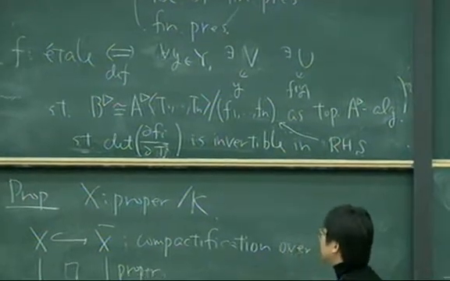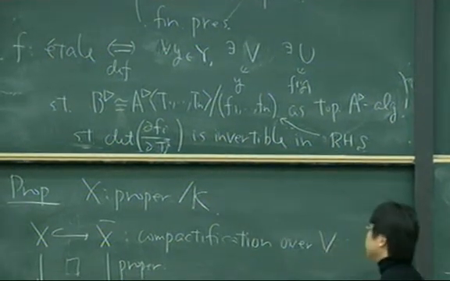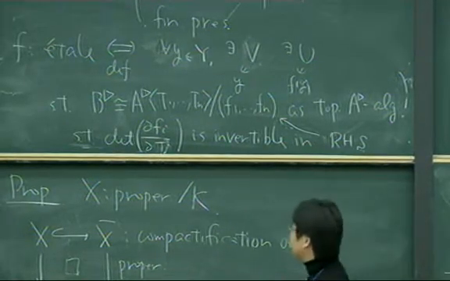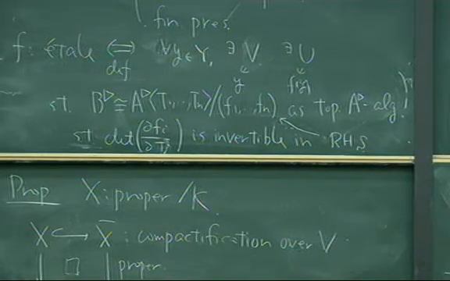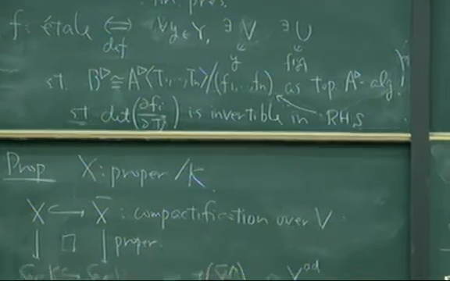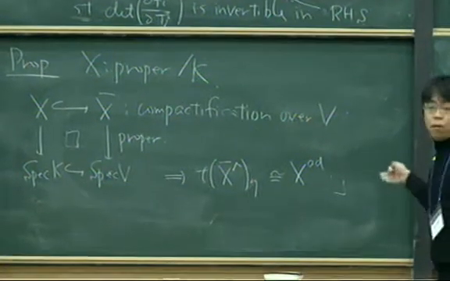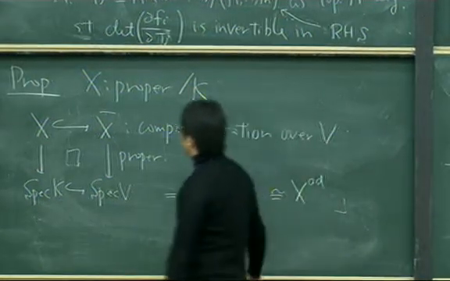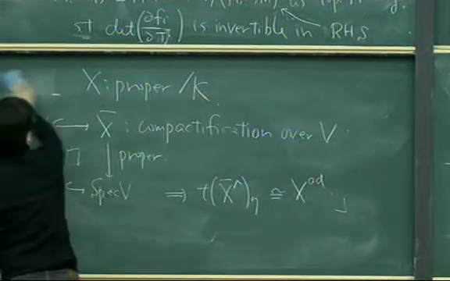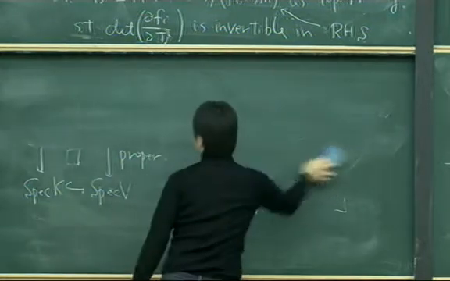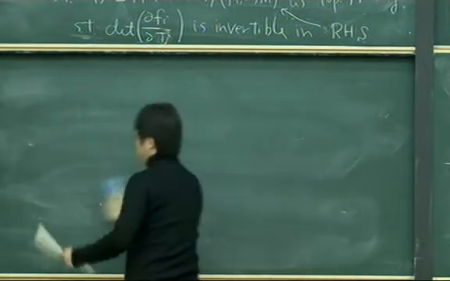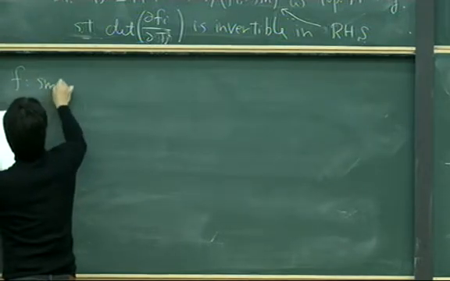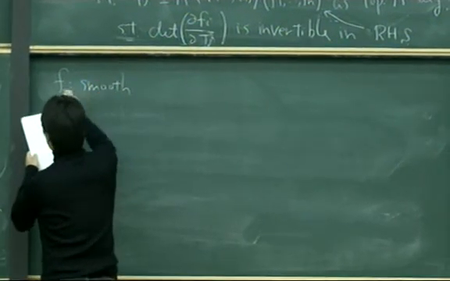Actually, we can define etaleness by using some lifting properties, or flatness and unramifiedness, or by using differential forms. So the situation is similar to the case of schemes. And finally, I will define smoothness.